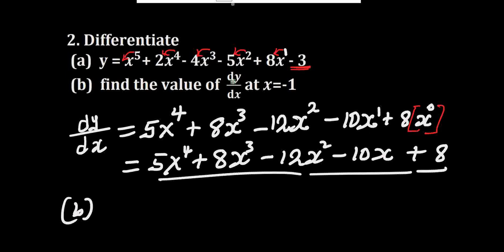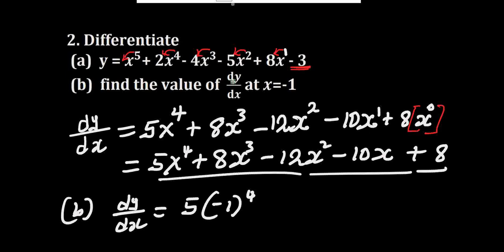Find the value of dy/dx at x equal -1. So dy/dx is equal to, so you can simply write this as 5, and substitute -1 in the place of x.